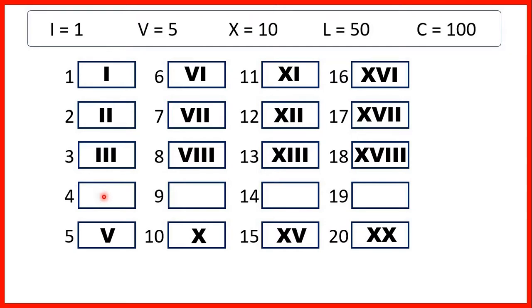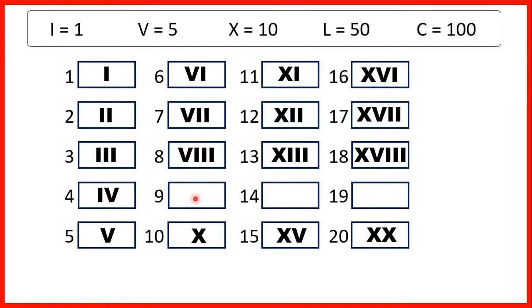So what they did to write the number 4, they thought of that as being 1 before 5, 1 less than 5, so they wrote I before V. So 4 and 6 used the same letters, but when it was I and then V, that was 1 before 5, but when it was V and then I, that was 5 and then another 1, making 6.